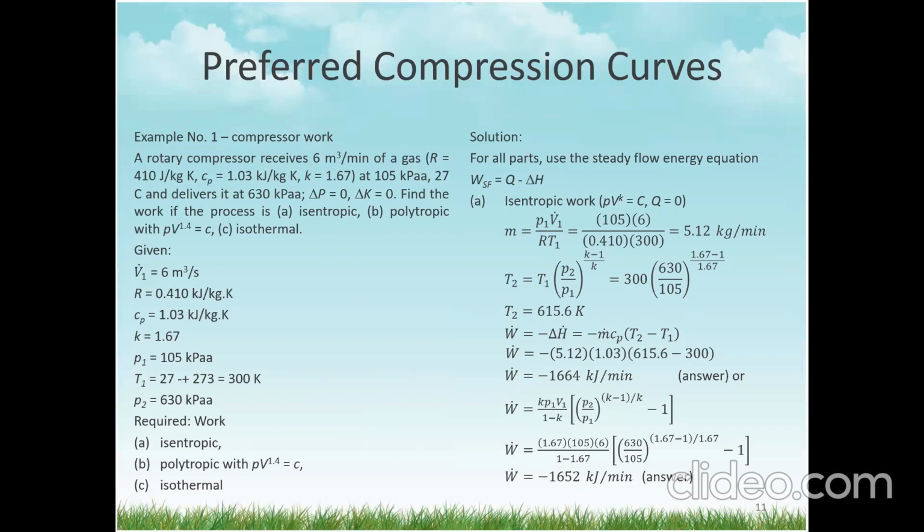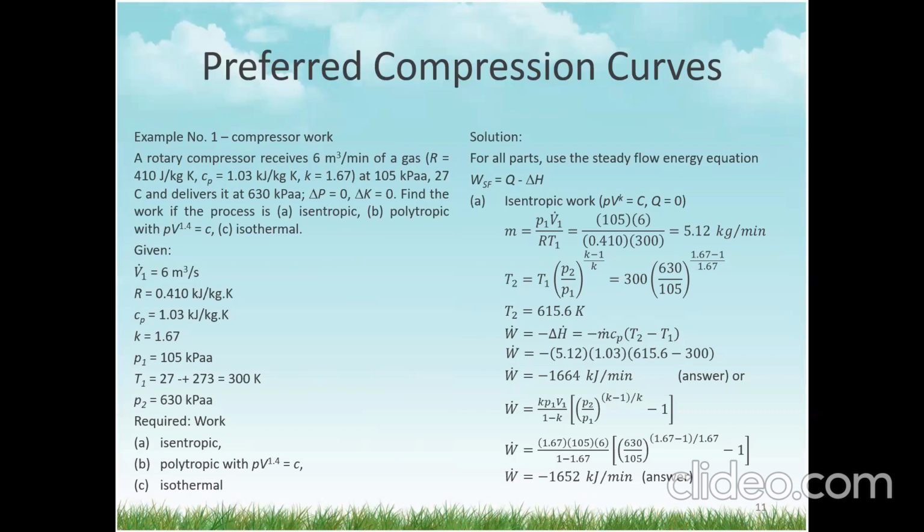Baka sabihin yung PV exponent 1.4 isentropic, hindi. Kasi sinabi dito, gas na ang R value is 410 joules per kilogram Kelvin. So, hindi siya air. Ang K mo dito is 1.67. So, given the volumetric flow rate 1 is 6 cubic meter per minute. So, considering na ito na yung V1 prime mo, huwag muna natin isipin yung clearance.